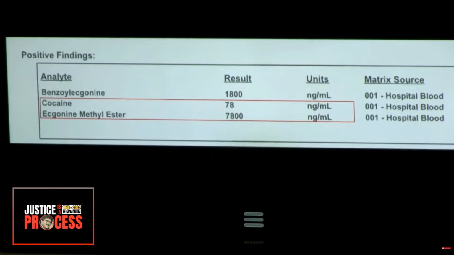Correct. Did people from my office, including myself, meet with you early in the process, specifically about these toxicology results? Yes. And at that time when we met, had you ever seen an amount that high in an autopsy? No.